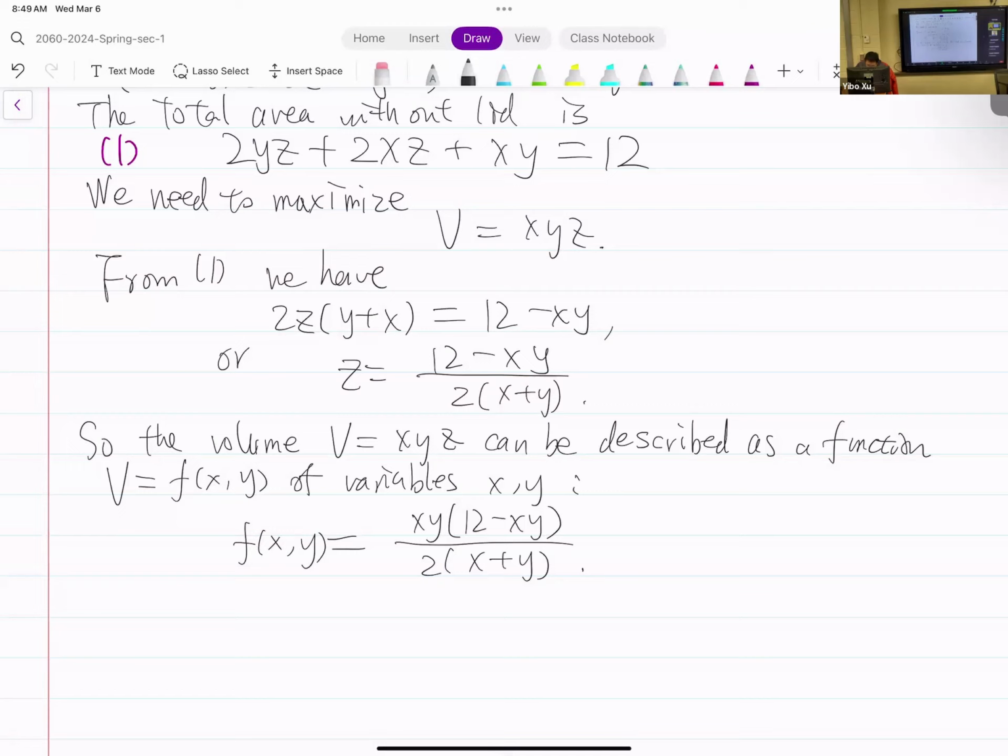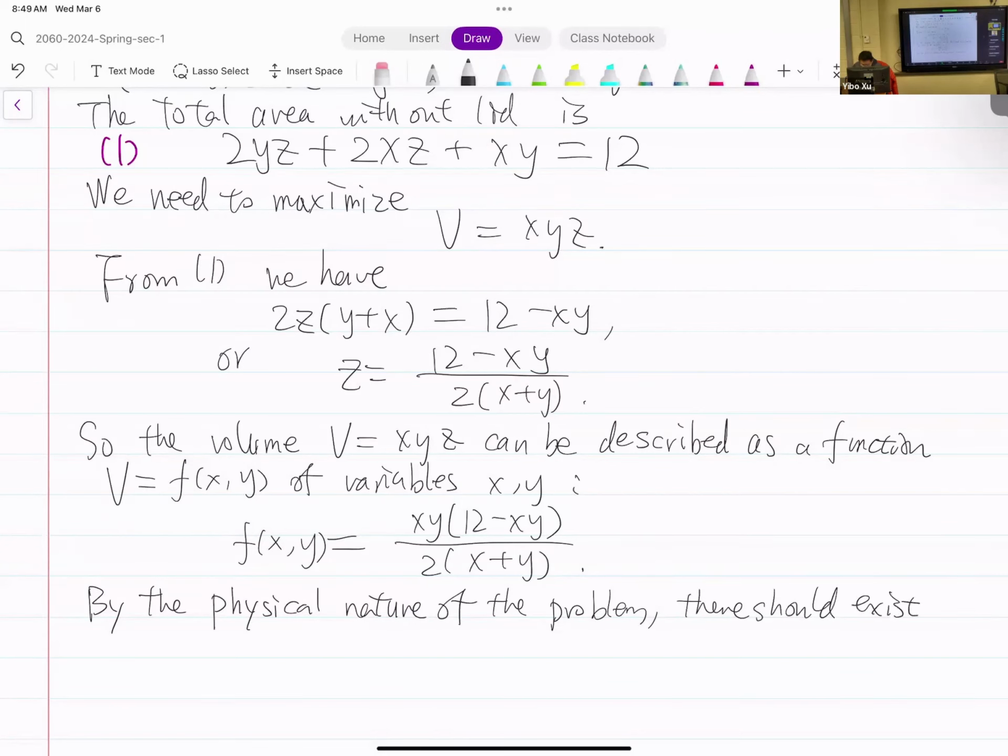Now, some other observations. By the physical nature of the problem, there should exist a dimension x, y, z that yields the max value, the max volume.